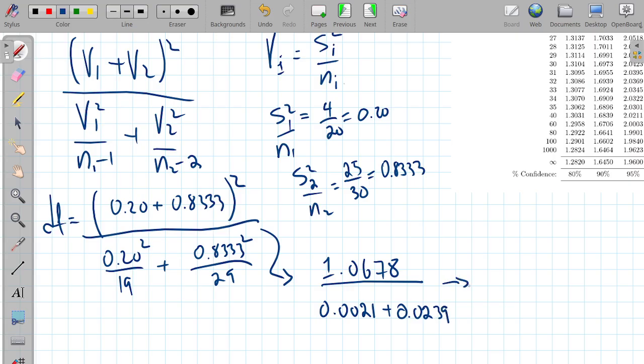And keeping on, what does this work out to finally? We have 1.0678 divided by the denominator. We get 40.6 degrees of freedom. Well, that's not anywhere near the 50 we had before, so this rounds to 40 degrees of freedom. So the difference here was about 10 degrees of freedom, and that's pretty typical for this technique.